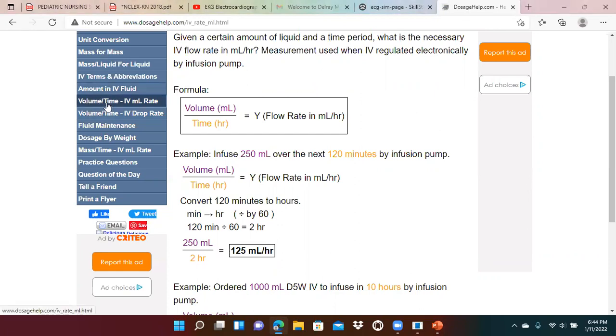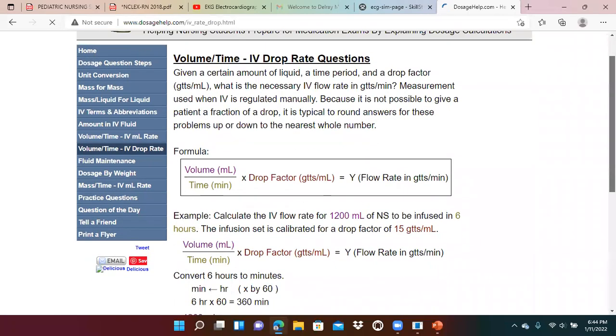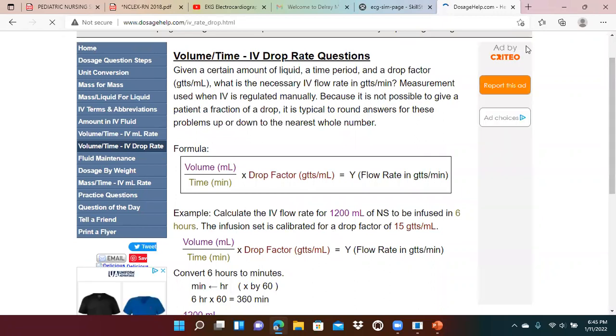In this formula, we used the time in hour before, but in this formula time will be expressed in minute. Let me show you. So volume over time, IV drop rate questions. Given a certain amount of liquid, a time period, and drop factors.